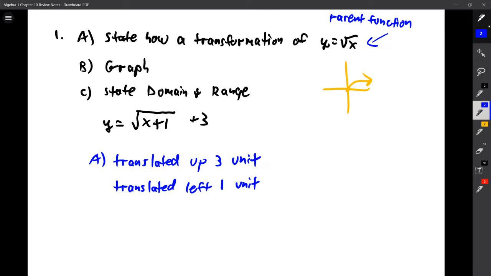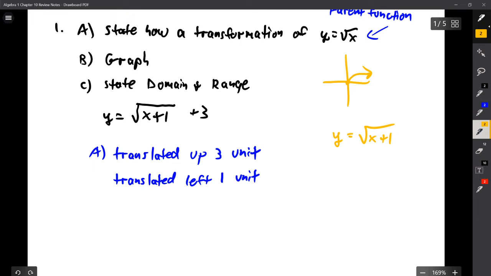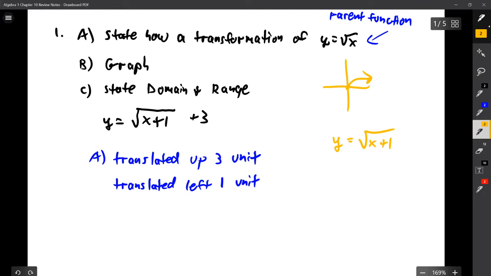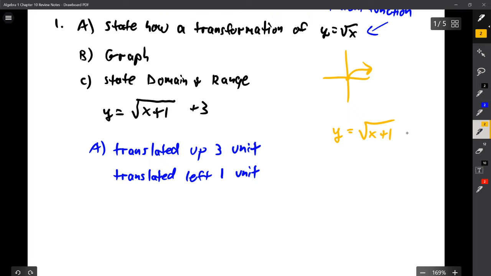well, let me use this as an example. Just our y equals, let's say, square root of x plus 1 without the plus 3. And if we ask ourselves, what value of x will make y equal 0? Because you agree that this is plus 0, so it's not shifted up or down at all. So the question is, is our graph shifted to the right one, or is it shifted to the left one?